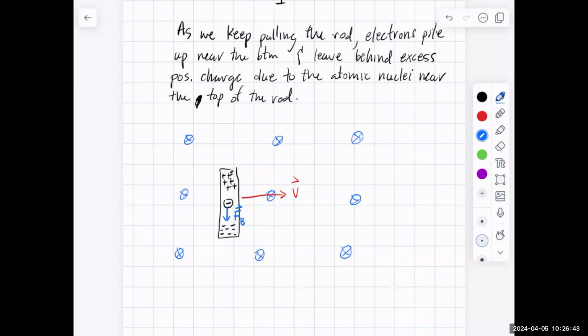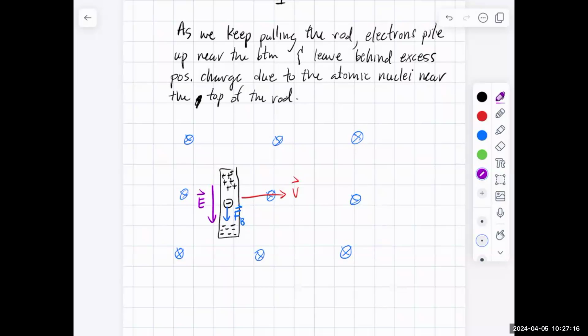If we have a bunch of positive charge at the top and negative charge at the bottom, what do we have between those two piles of charge? Like, imagine a capacitor. You have a positive plate and a negative plate. What do you get between them? Voltage difference, and a voltage difference is created by an electric field. So we're going to have an electric field that points from the positive charge to the negative charge.